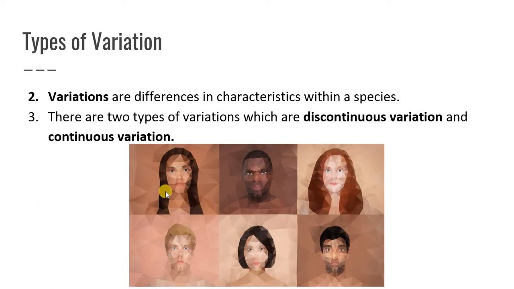So regardless whether you're a Chinese, an Indian, an American, a Korean, a Japanese, or an African, we are grouped under the same species, right? We consider same species, but sometimes we have small differences. What are the small differences that you will see here?